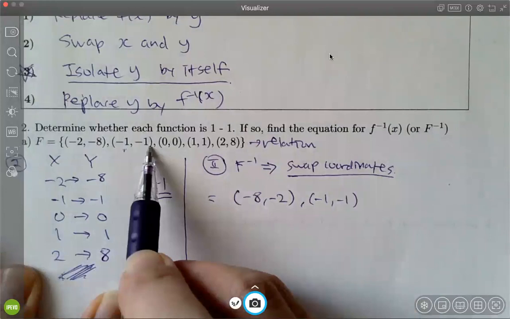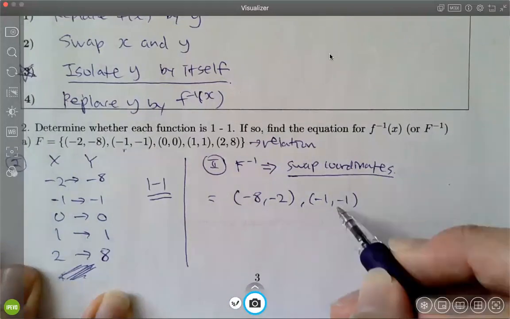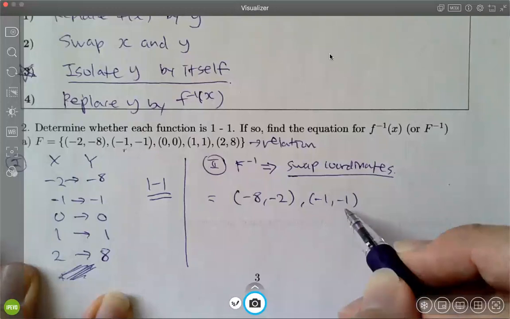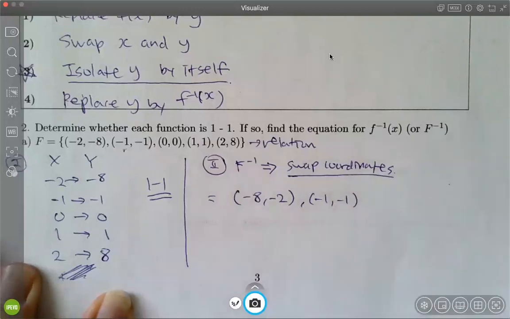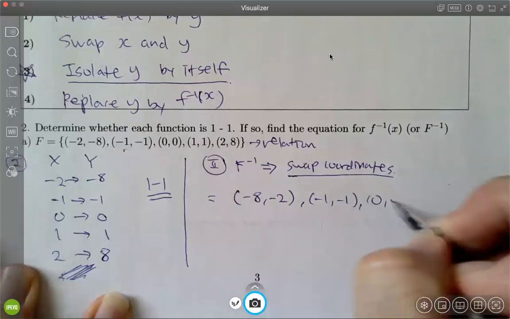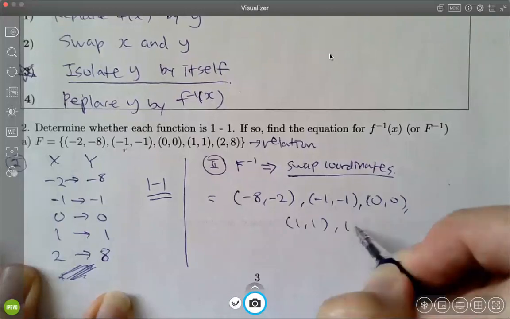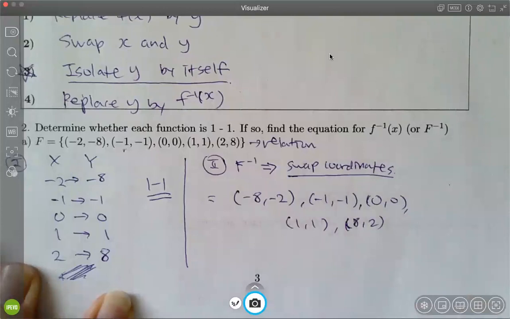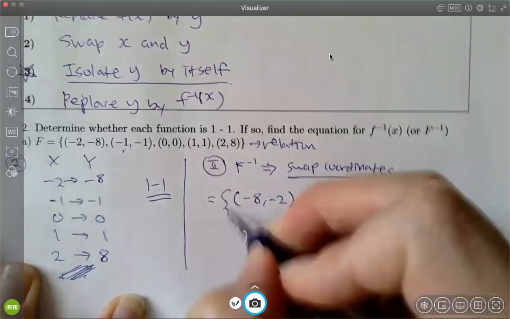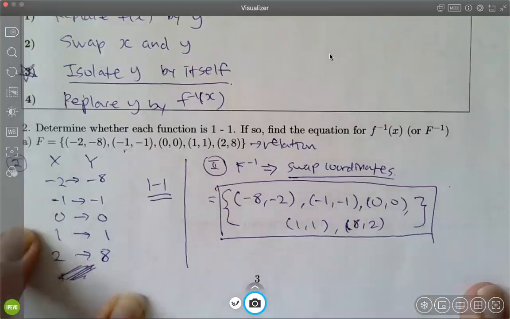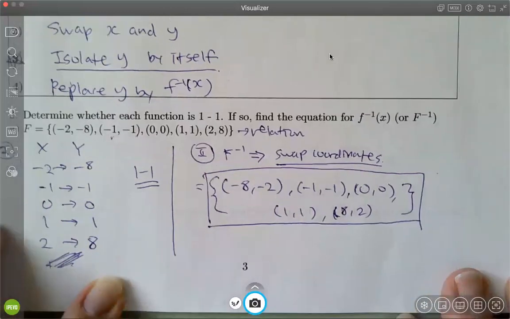Okay, but now here, that is the y value for f and that's the x value for f, right? Okay, so the meaning is different, but still we get the same point. Okay, and then 0, 0, 1, 1, and then 8, 2, right? Okay, so that is the equation of the inverse relation of f.